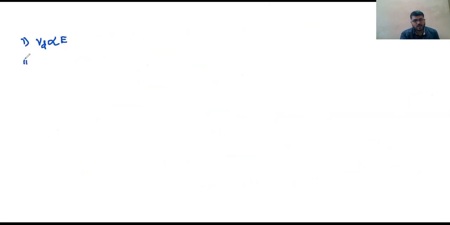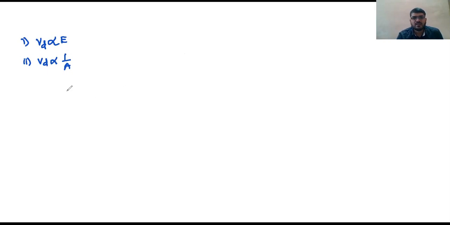And second point, drift velocity is inversely proportional to area. Keep it in mind. This is finished about drift velocity.